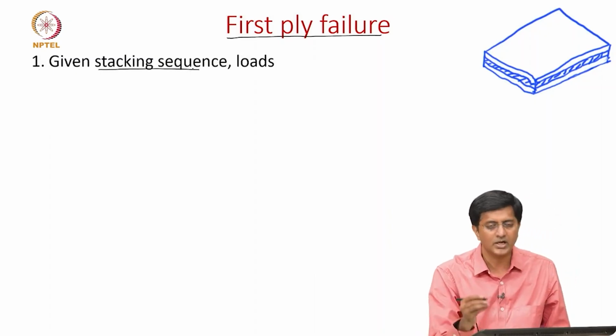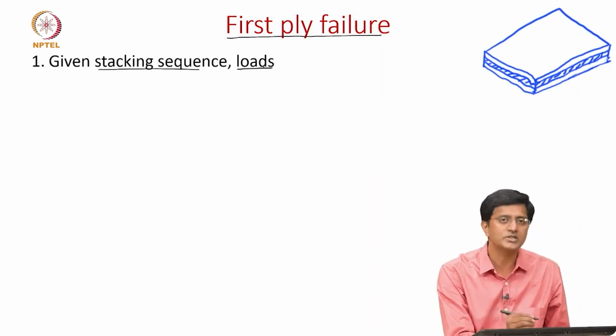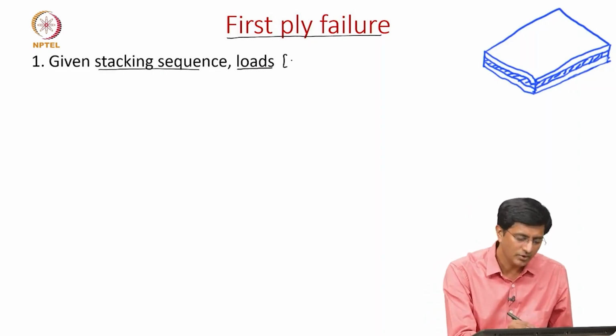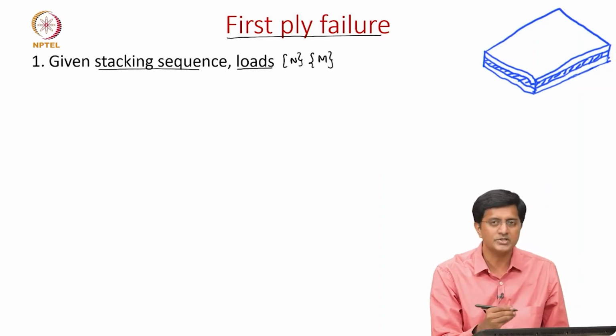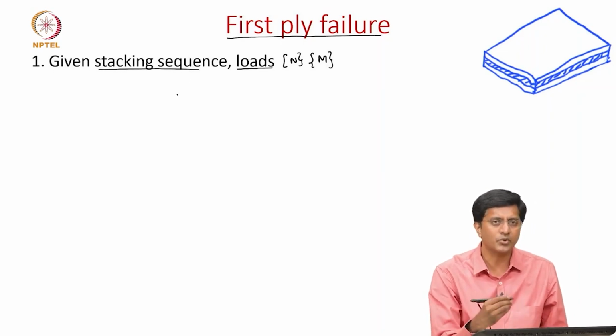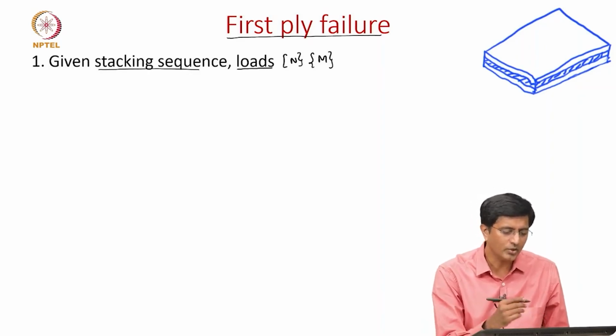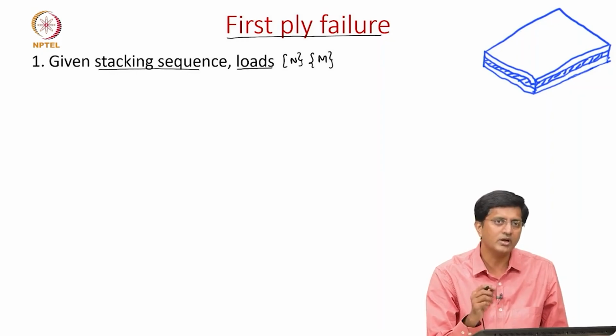So let's say we have a laminate, and we also know the stacking sequence, as well as the loads applied, meaning we know these matrices N and M. So the forces and the moments applied to the laminate are known, as well as the stacking sequence and the material properties of each lamina.